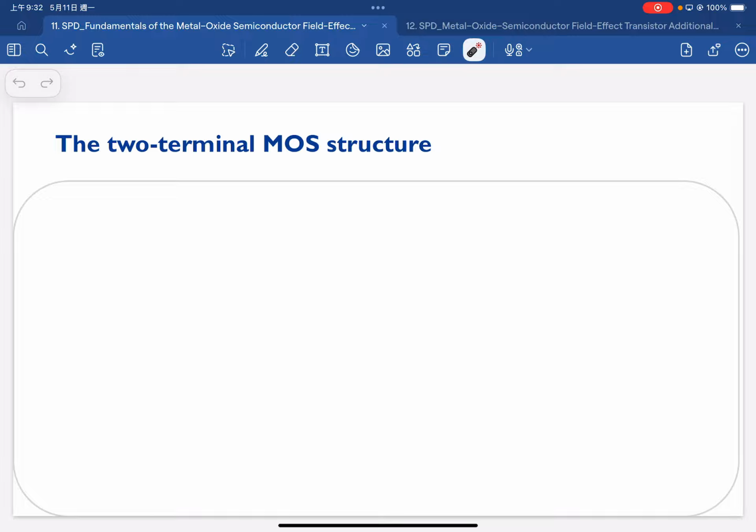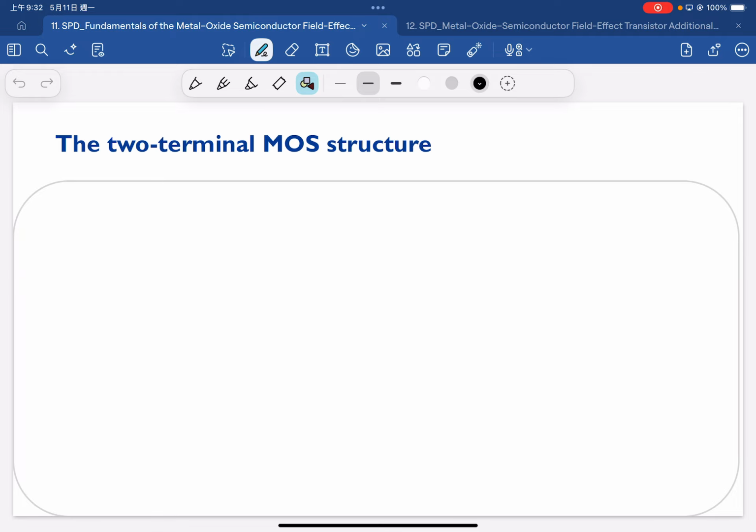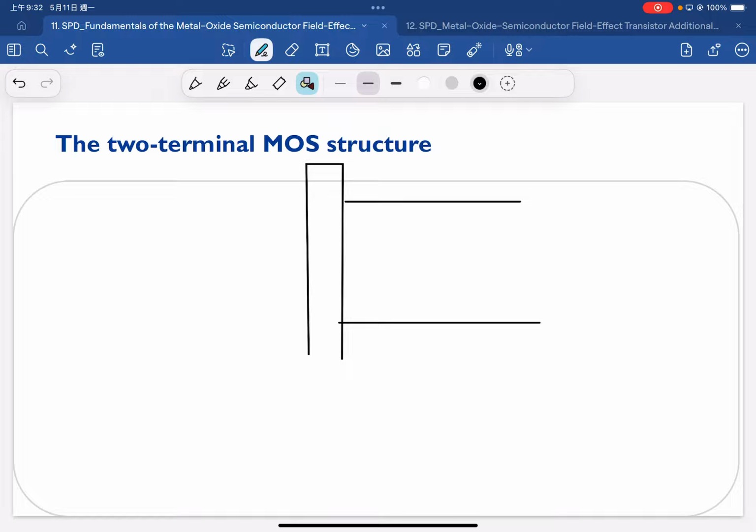First of all, we have the case that we normally call the flat band condition. If you draw the band diagram, this is silicon, and we have the dielectric, and as usual we have a conduction band and valence band.